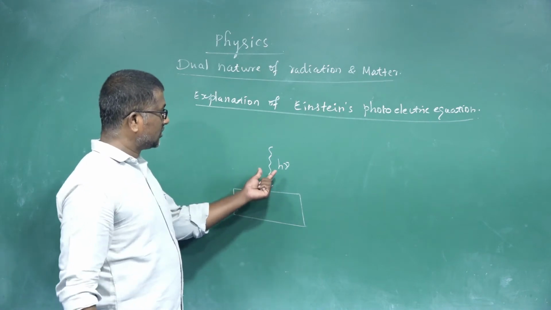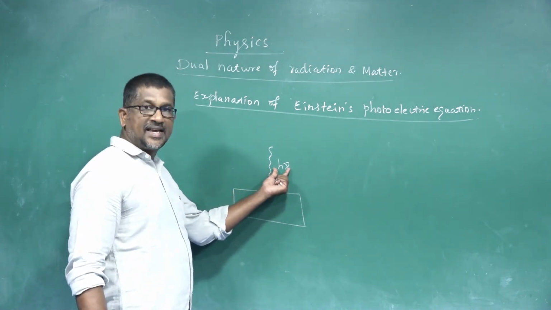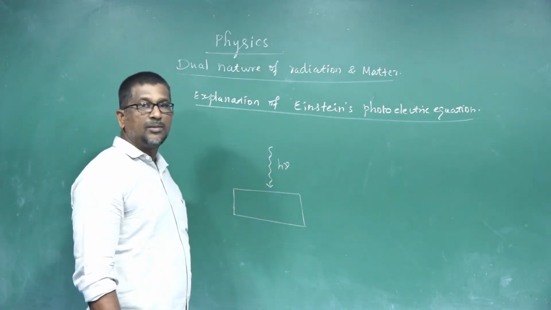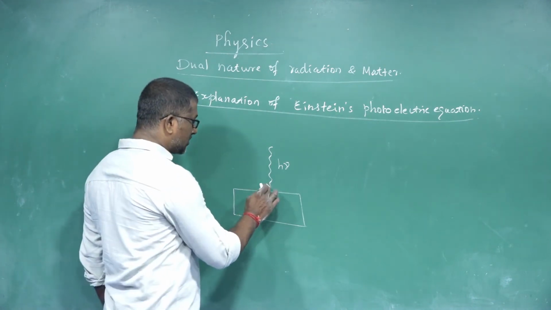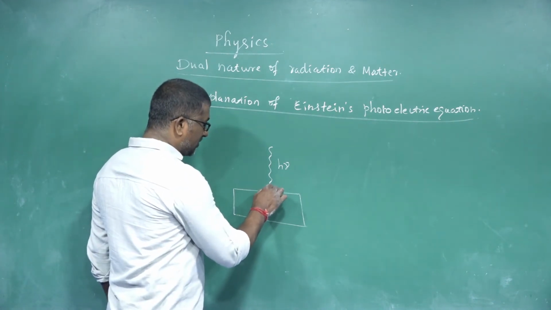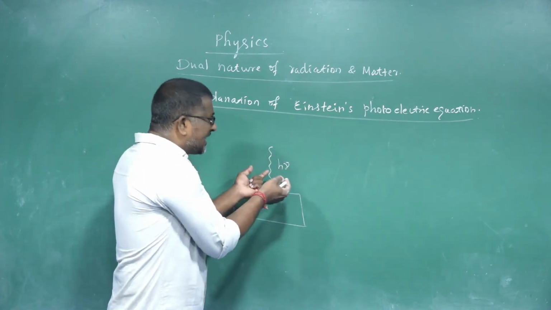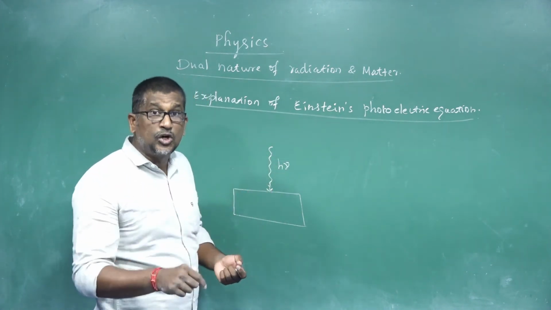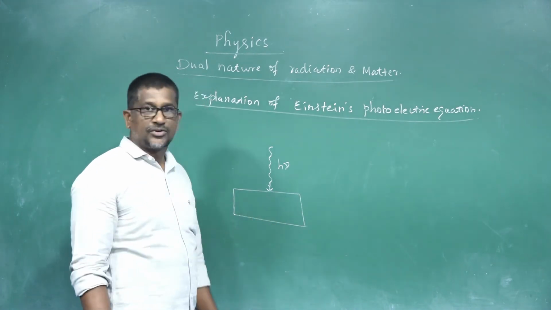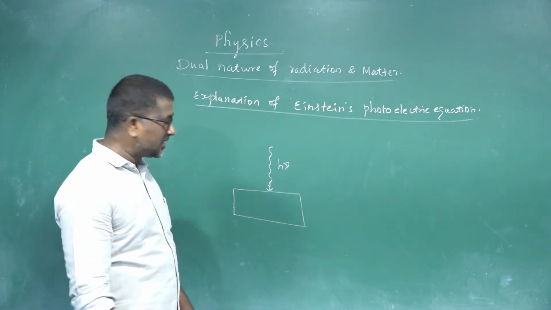So this is a photon whose energy is h nu, and which is incident on the metal surface. When the photon is incident on the metal surface, the entire energy of the photon is absorbed by the electron in the metal.